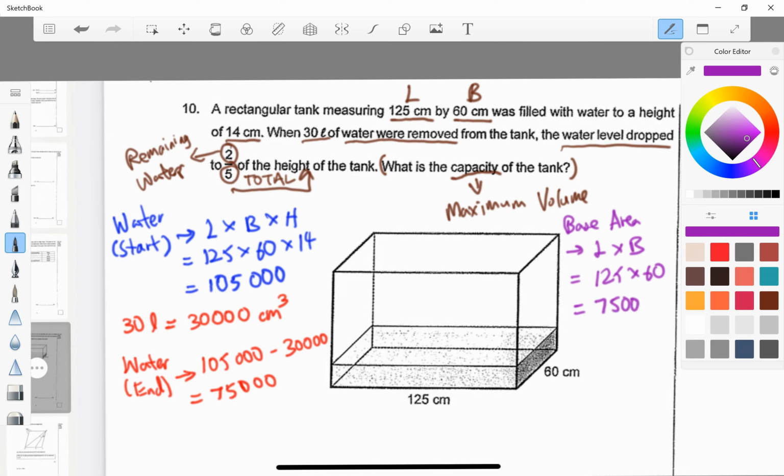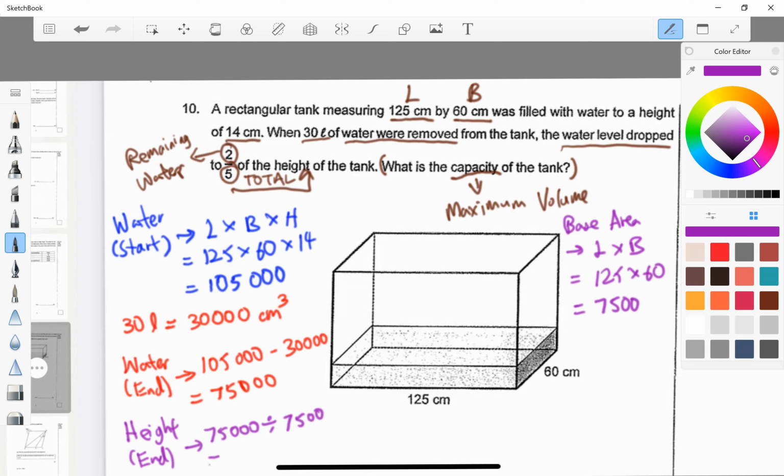To find the height of the water in the tank in the end, I will have to use 75,000 divided by 7,500.